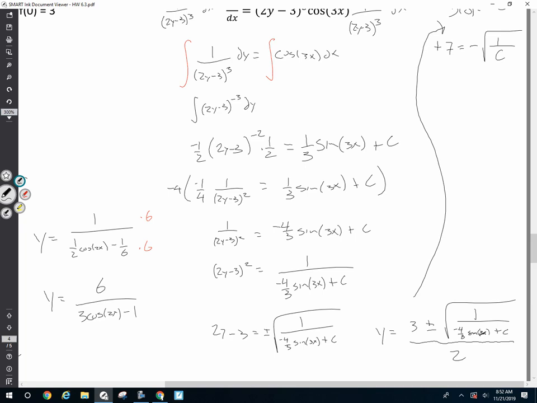Take the opposite of both sides, square both sides, I get 49 equals 1 over c. C will equal 1/49, take the reciprocal of both sides. So, my solution is this with 1 over 49 plugged in. Messy? Yes.